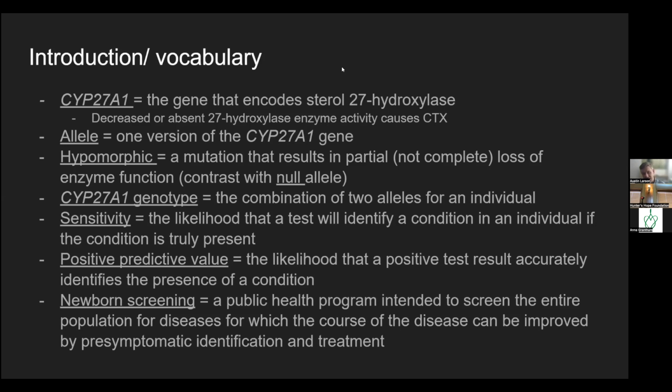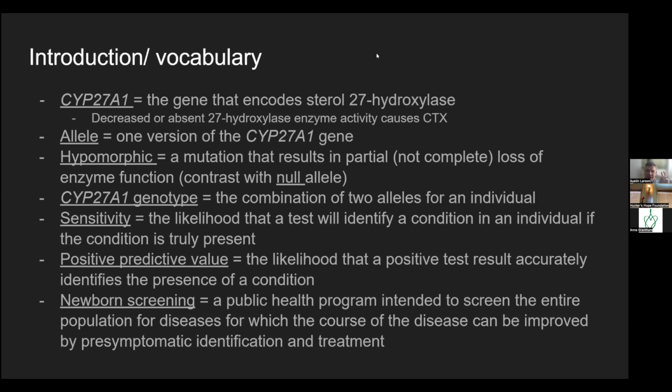CYP27A1, the enzyme is encoded by a gene of the same name. And so patients with CTX all have biallelic mutations, or mutations in both copies of the gene CYP27A1. And as a result, they have decreased sterol 27 hydroxylase enzyme activity.